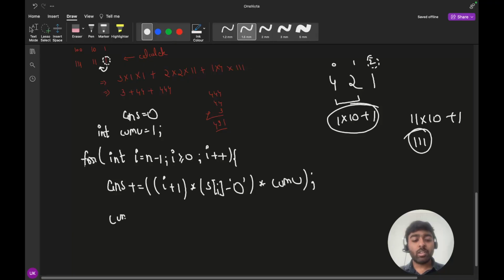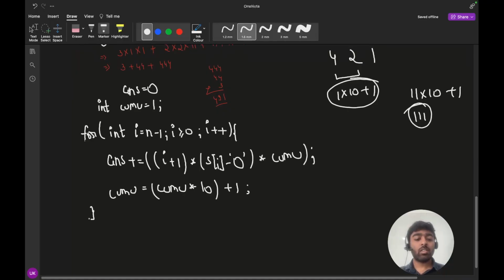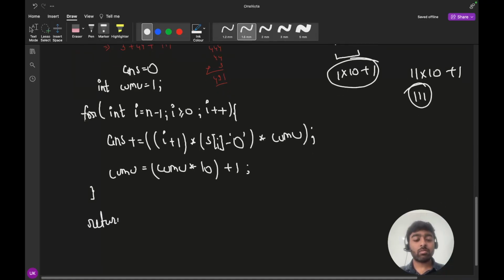So my cumulative will be equal to cumulative into 10 plus 1. Simple, and just return the answer. Here we have the solve function; there may be parameters inside this. I am just writing the pseudocode.